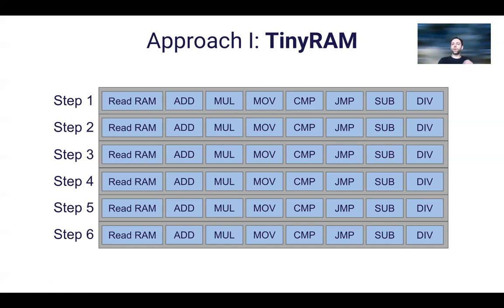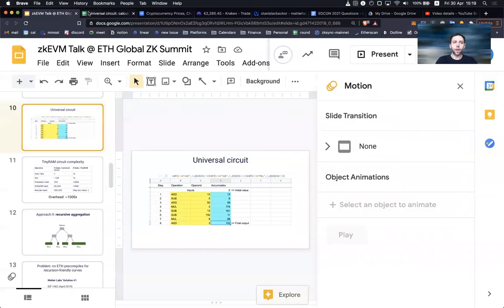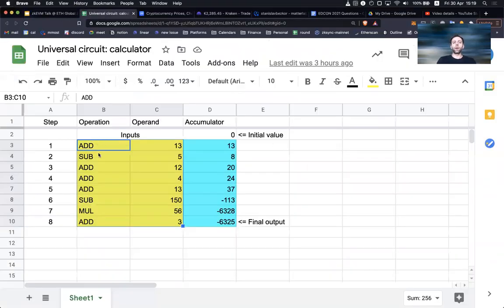How it works, to give you a better, more intuitive understanding, I made this model in a spreadsheet. Let me show it. Imagine that I want to write a program. So I want to turn this spreadsheet into a universal interpreter of a program. And I will provide my program here in the yellow columns with the type of operation at each step and the operand.